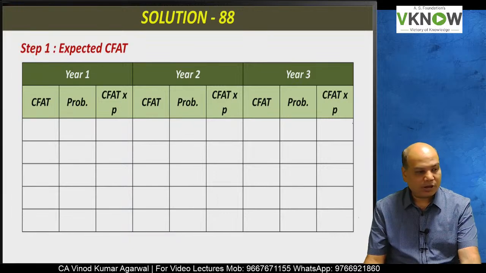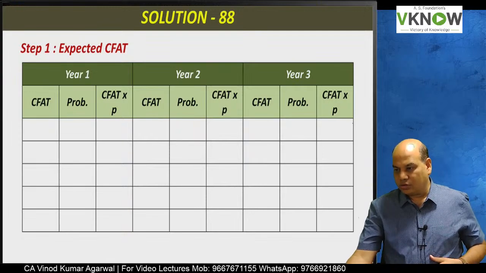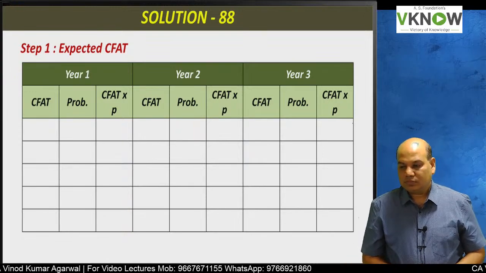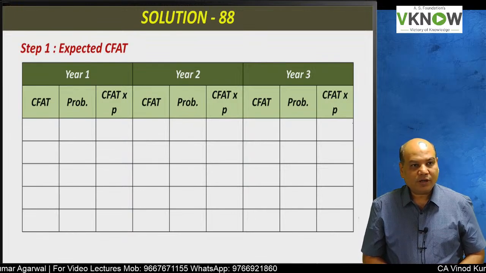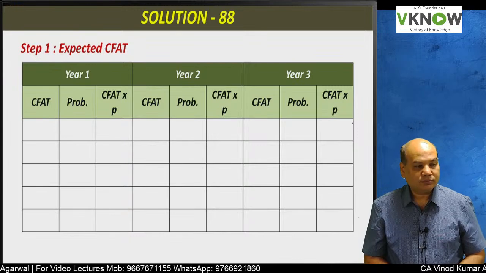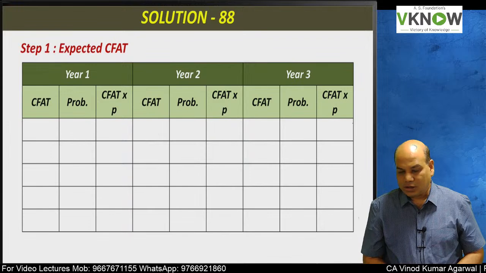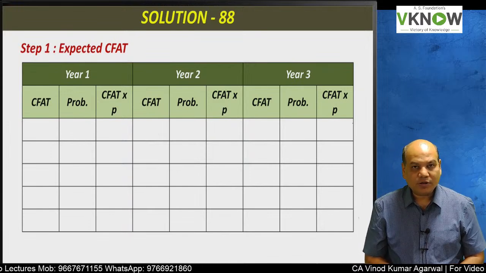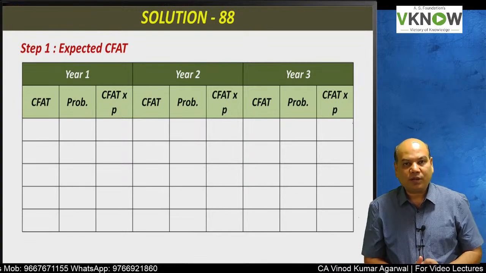Year 2, again CFAT, probability, CFAT into probability. Year 3, again same 3 columns: CFAT, probability, CFAT into probability.